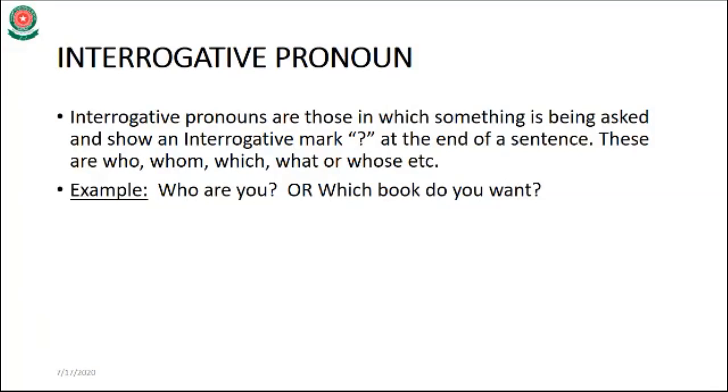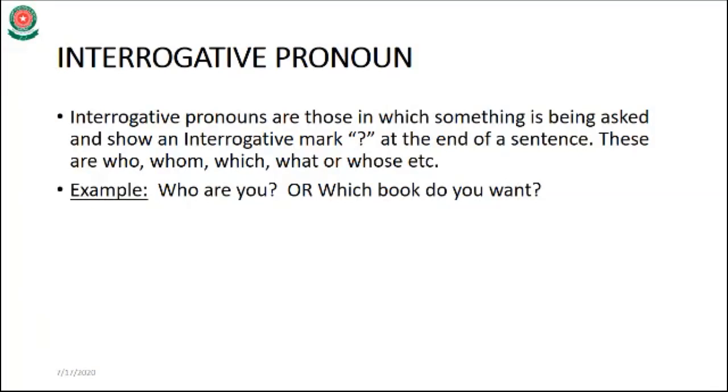In the example, there is a question mark or interrogative mark at the end of the sentence. So through the question mark, it comes to your mind that this is an interrogative pronoun. So it is very simple.